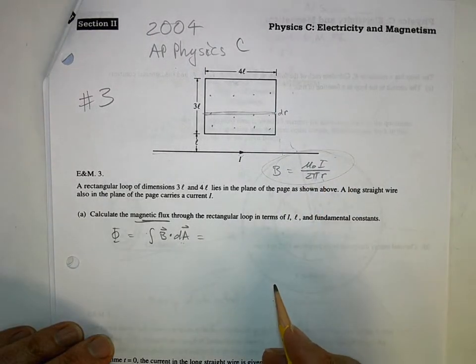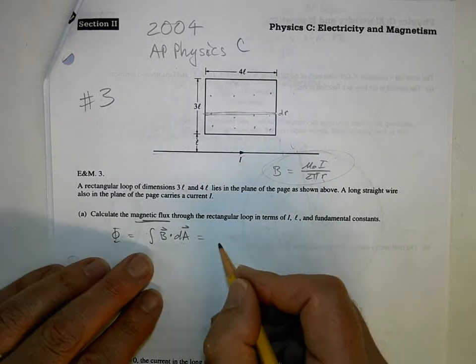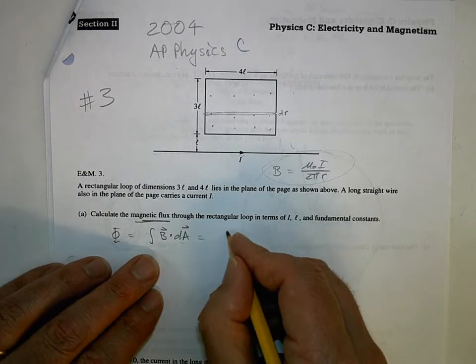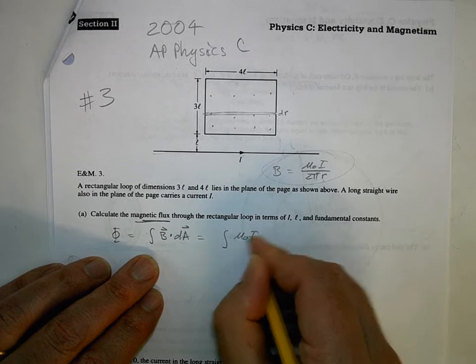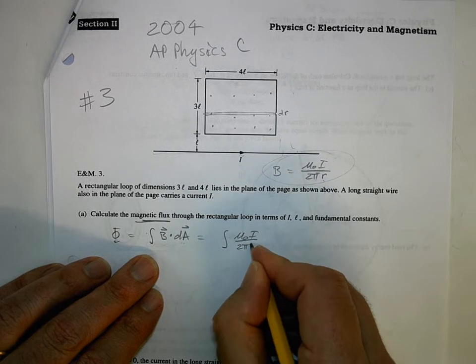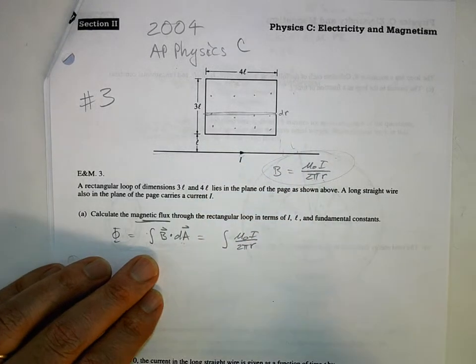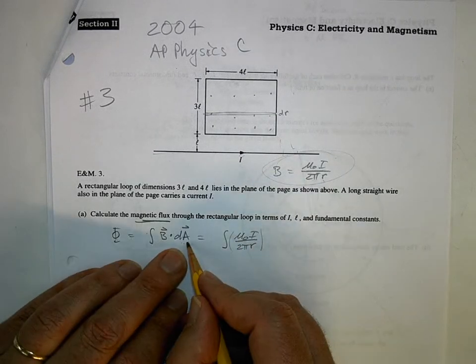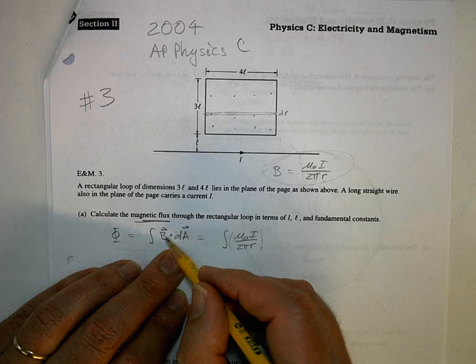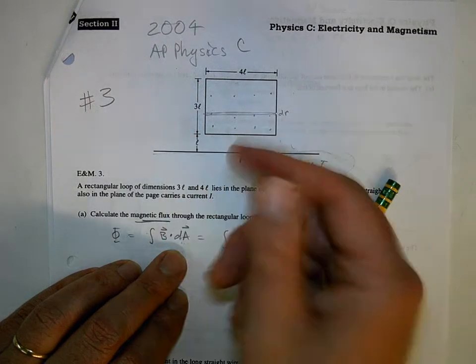So I'm going to integrate now, and I'm going to say B is mu naught I over 2 pi r. That's B, and then dotted with A, and I can lose the dot product in that everything's perpendicular.